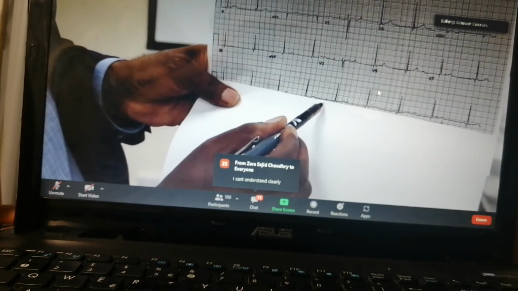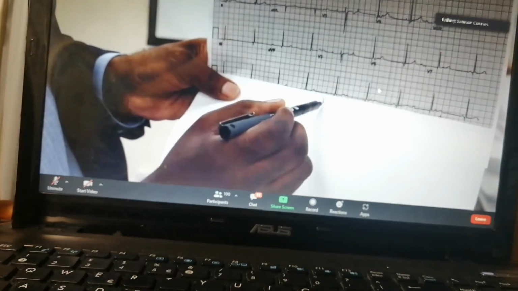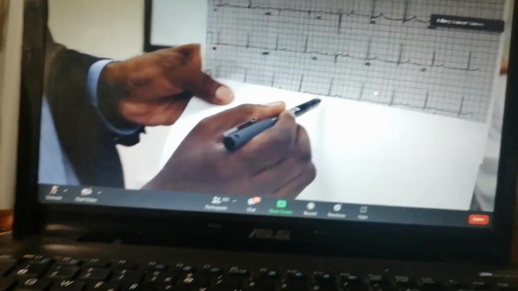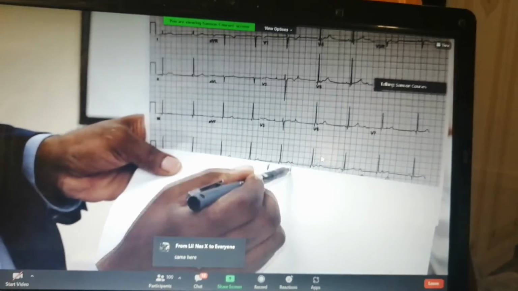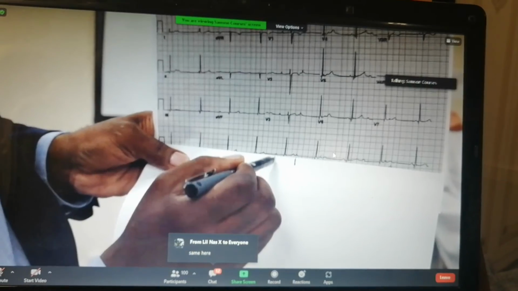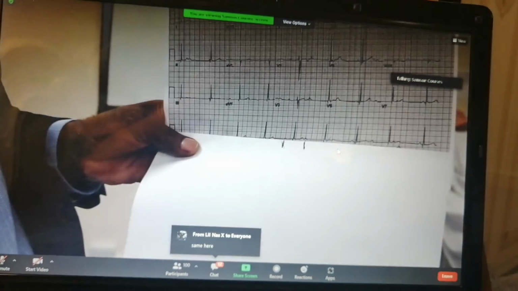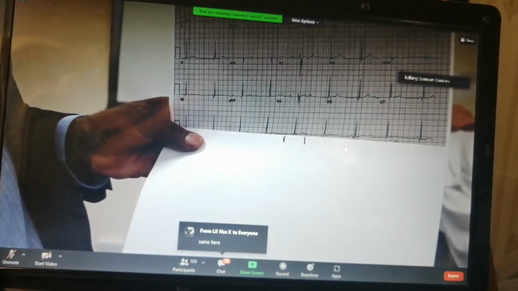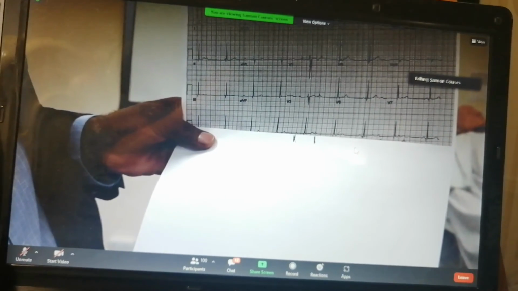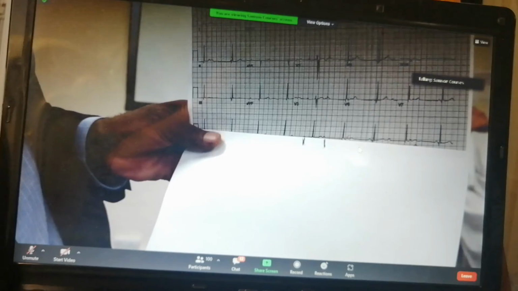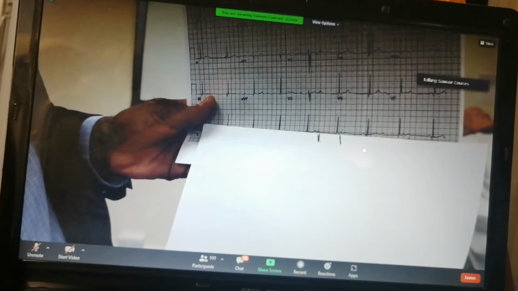What I'm going to do on this piece of paper is mark 2 obvious P waves. Here, this is a P wave, so I'm going to mark it here. This looks like a T, but this looks like a P wave, so I'm going to mark it here as well. Then I'm going to keep sliding it to see if I see the pattern in the P wave. Have a look. I'm going to slide this to the next P. Yes, it follows.